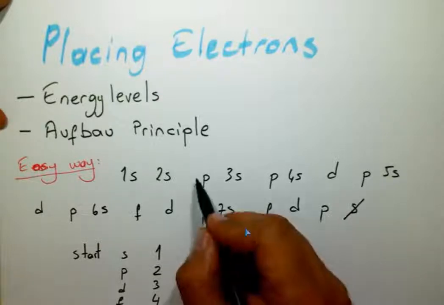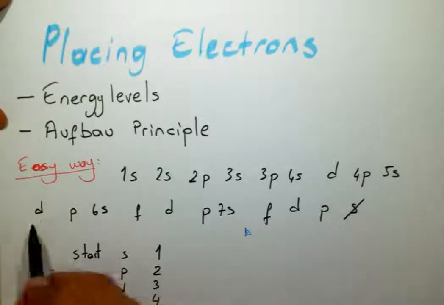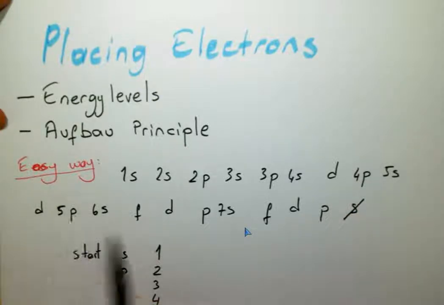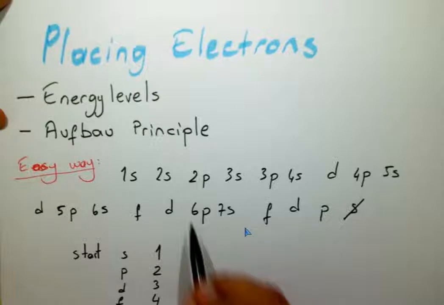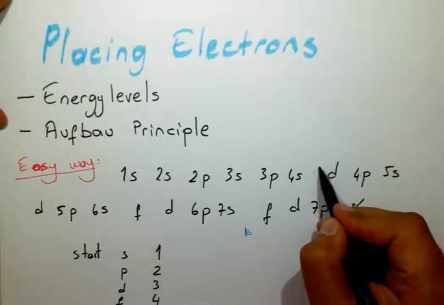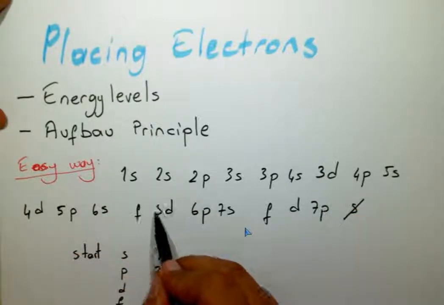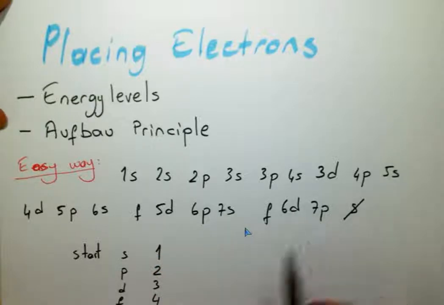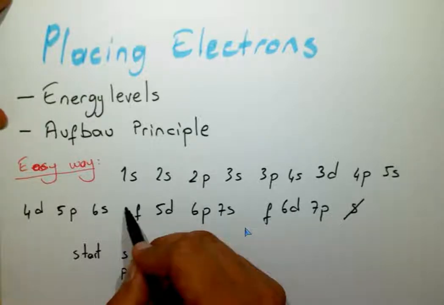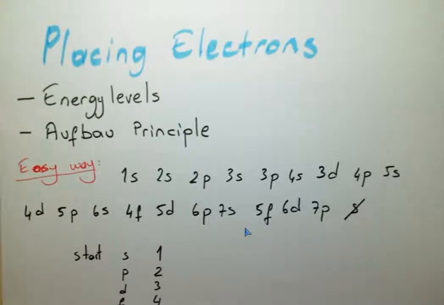Then start p with 2, 3, 4, 5, 6, and 7. Start d with 3, 4, 5, 6, and f with 4, 4f, 5f.